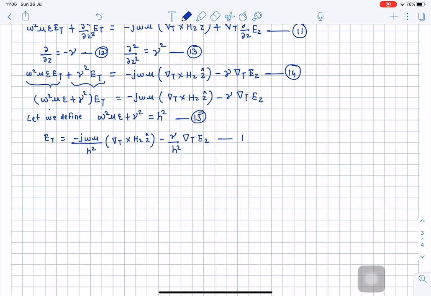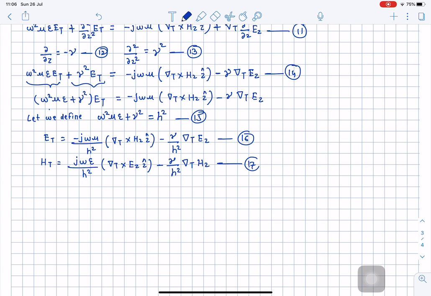Call this equation number 16. Similarly we can write the expression for the transverse field component H of t as j omega epsilon upon h square del t, we replace Hz with Ez, cross z cap, minus gamma upon h square del t, we replace Ez with Hz.